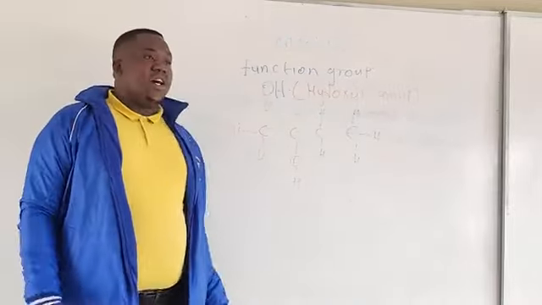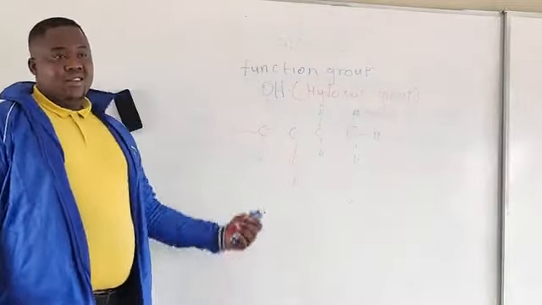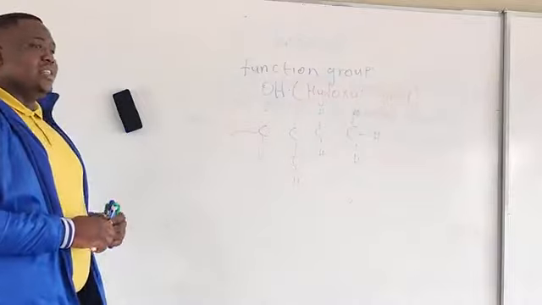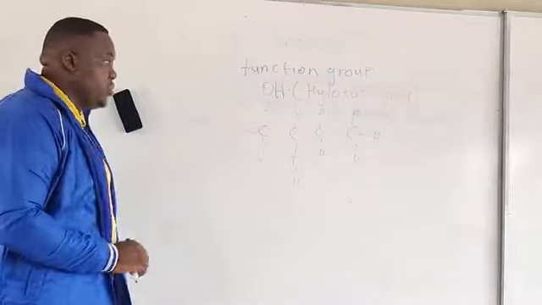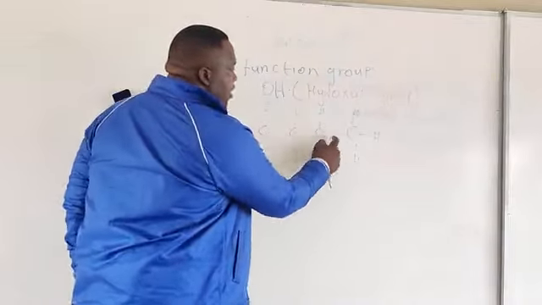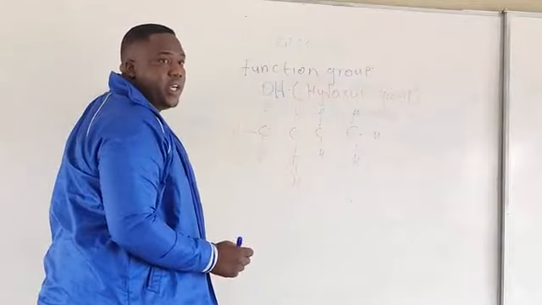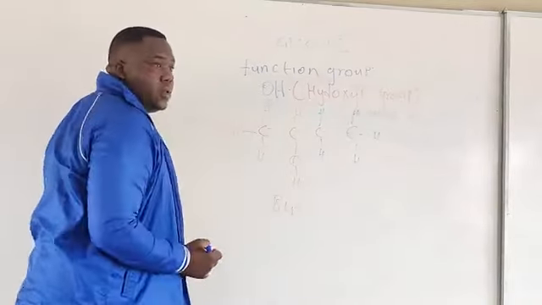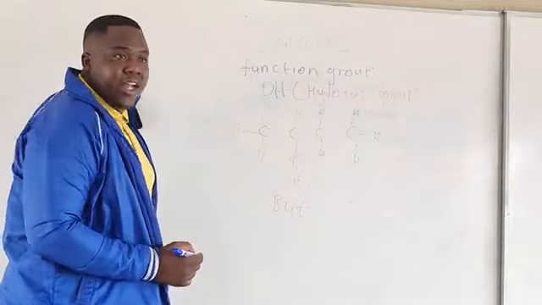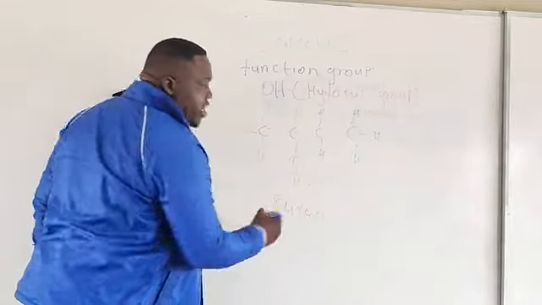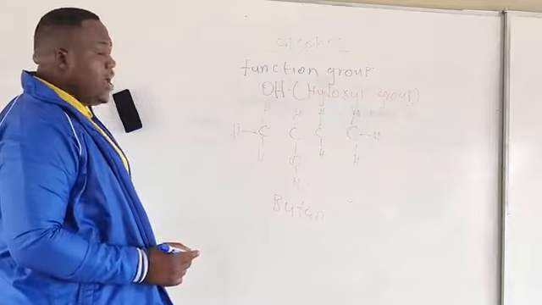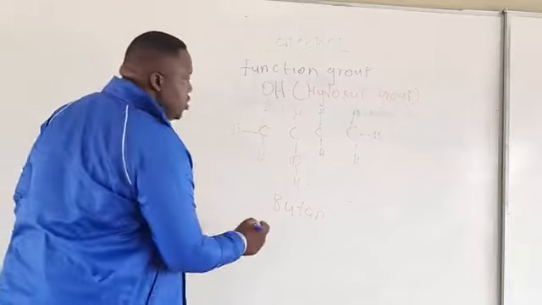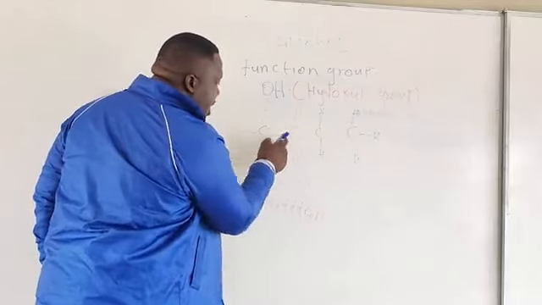This one is a secondary alcohol. I won't tell you now why I'm saying it's a secondary alcohol, but I will tell you. 1, 2, 3, 4. Four carbons, can you see? What is four carbons? But. We add "an," so it's butane. The OH is at carbon number 2. 1, 2, 3, or 1, 2.